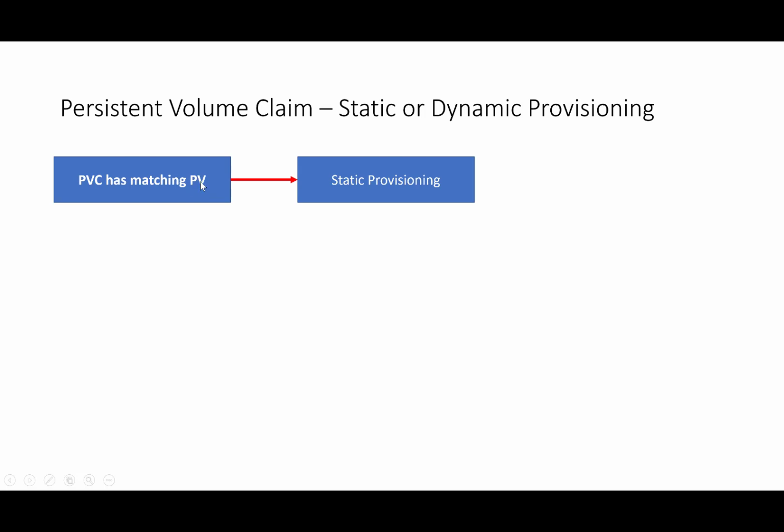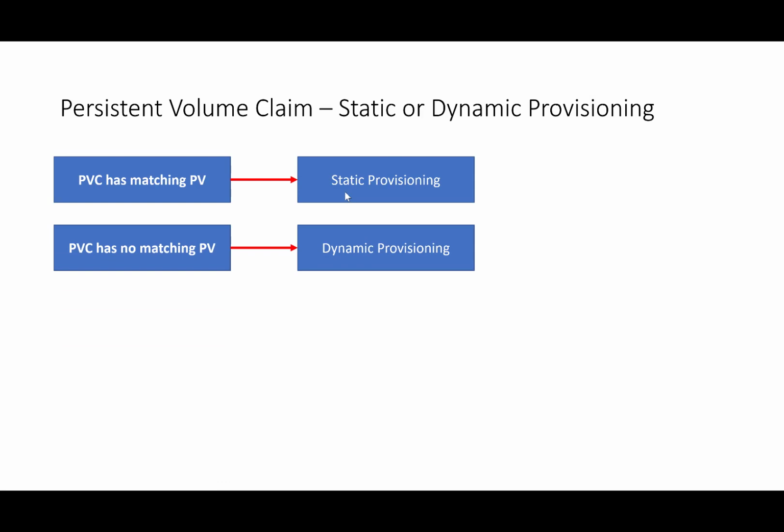The administrator has created a persistent volume and it matches your claim, then static provisioning is used. But there is a good chance that the administrator has not created any persistent volumes. So you have a claim, but the administrator has not created any persistent volumes. In that case, dynamic provisioning is done.